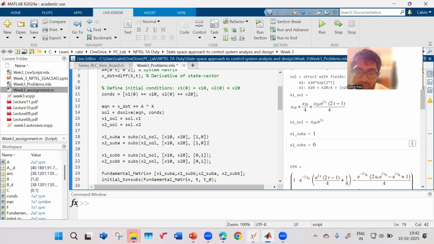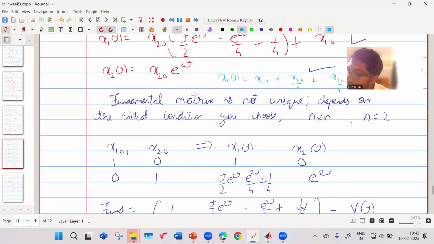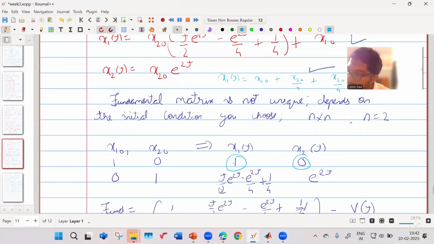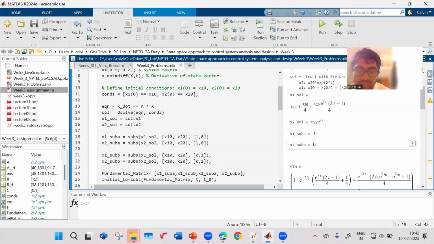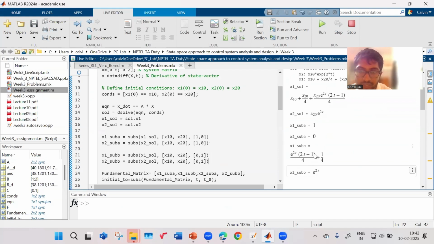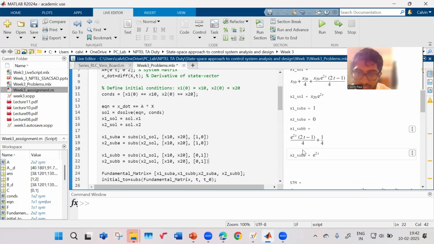Okay, so we found it here. This is 1, 0, so these are my variables x1 sub a, x2 sub a. This is case a, and this is case b. Similarly I do it for case b, where I substitute 1 and 0, and then I get this equation. So my x1 sub b is e to the power 2t into 2t minus 1 by 4 plus 1 by 4, and x2 sub b is e to the power 2t.